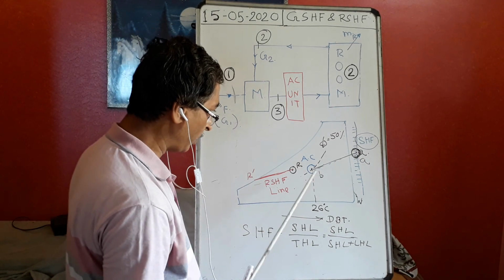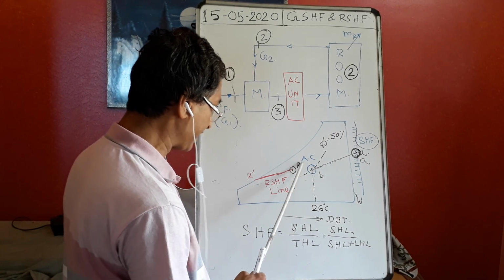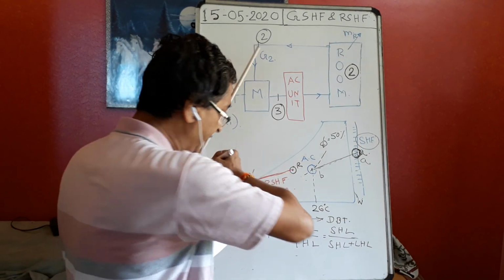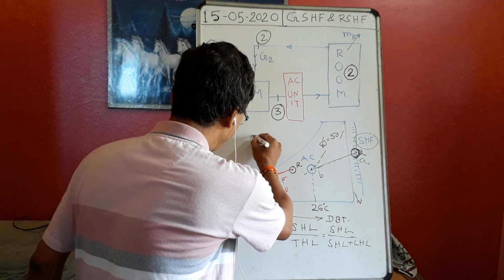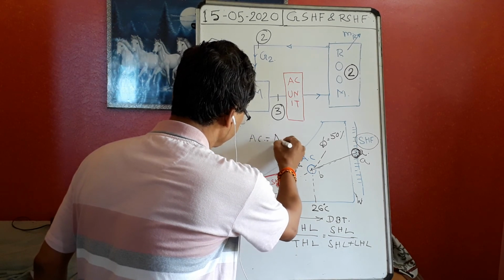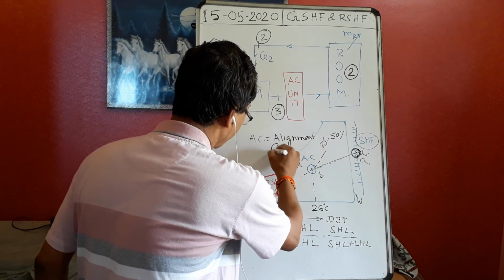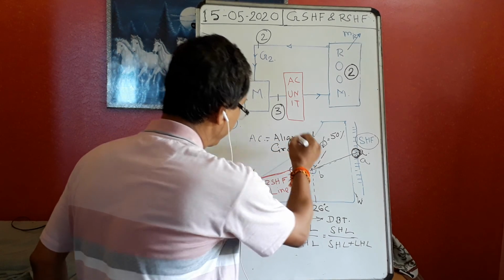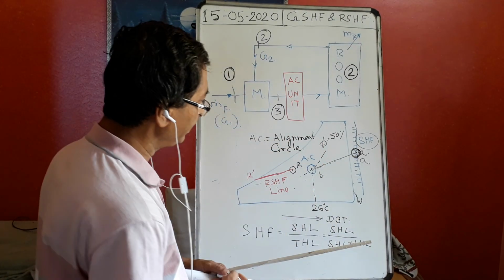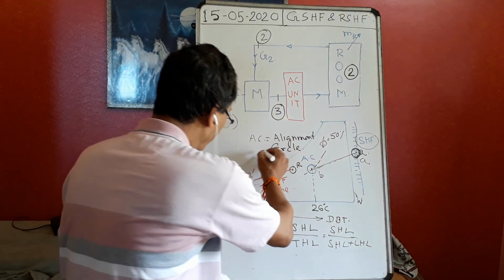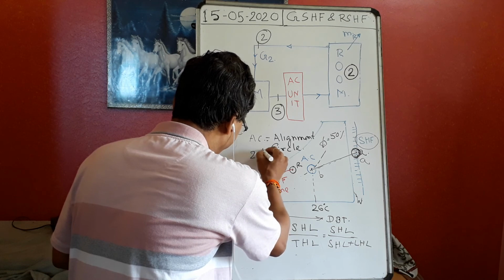Another point is called the alignment circle, AC. What is the alignment circle? The alignment circle refers to a temperature of 26 degree DBT.